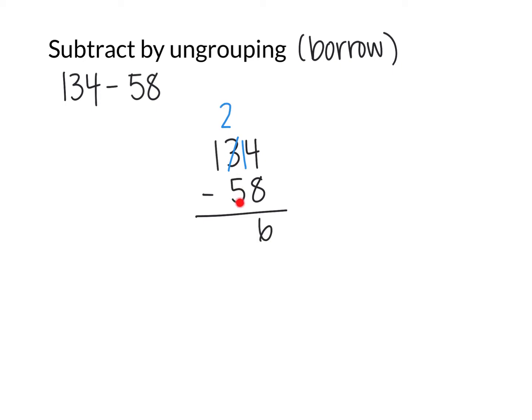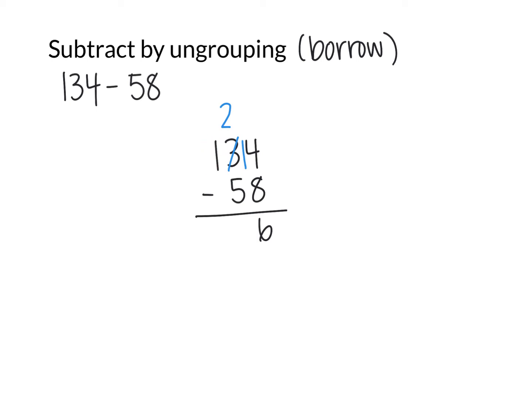Now I'm going to look at the tens. 2 minus 5. I can't do that. So I need to come over here next door to the hundreds and borrow or ungroup.